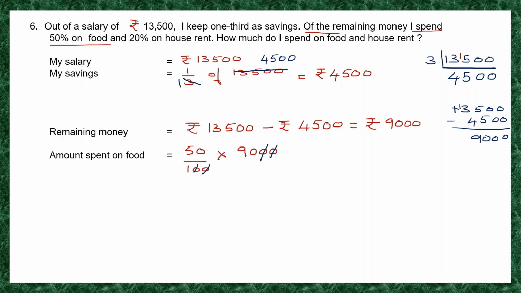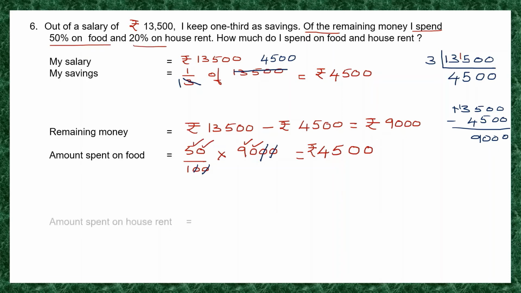Now let's multiply the remaining: 50 into 90. So we can just multiply 5 into 9. 5 nines are 45, and add the 2 zeros. There's 1 zero there, 1 zero here, 2 zeros. So the amount that I spend on food is 4,500 rupees.